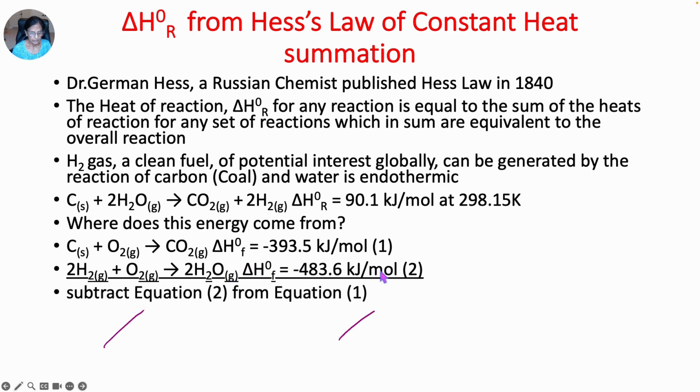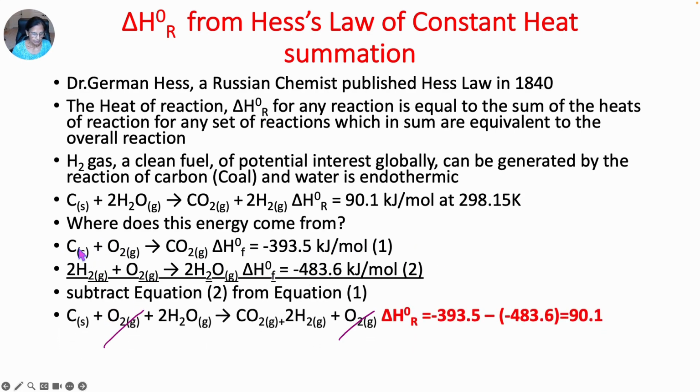When you subtract equation 2 from equation 1, this product will go on the reactant side on subtraction, and these reactants will come on the product side. Then we will add these two reactions. Carbon solid plus oxygen gas, and this 2H2O from the product side will come to the reactant side because we are subtracting 2 from 1. So 2H2O gas gives carbon dioxide gas from the first equation, and these two reactants will become products now because we are subtracting equation 2.